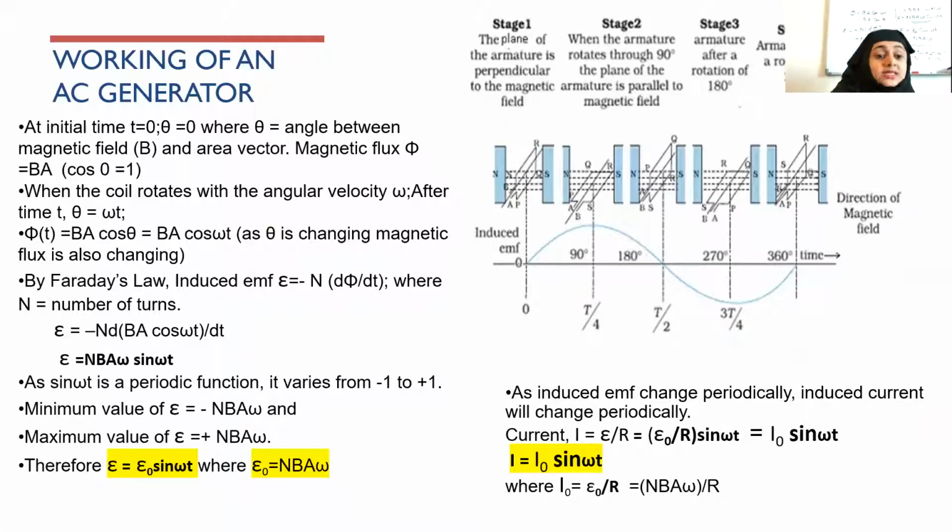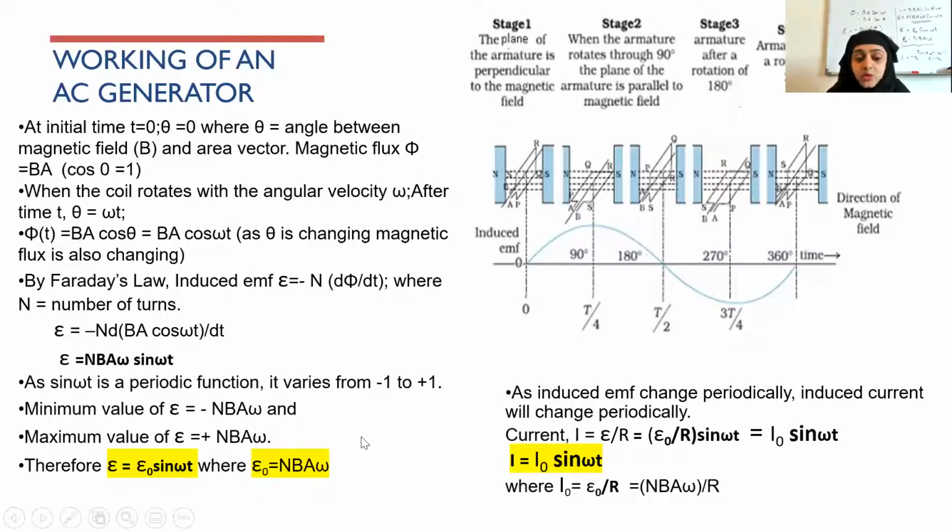So as sine omega t is a periodic function and it varies from -1 to +1, the minimum value of E possible is minus NBA omega when sine omega t is -1. And the maximum value of E will be plus NBA omega when the value of sine omega t will be +1. So the EMF varies between these two values. And this value is called the peak value, epsilon naught. It has a value NBA omega.